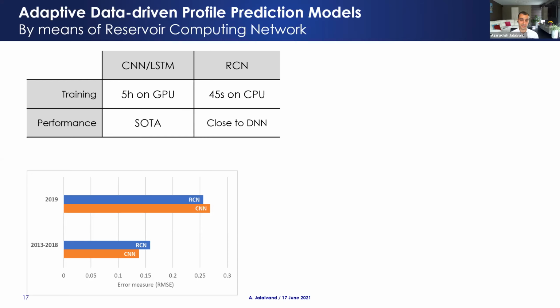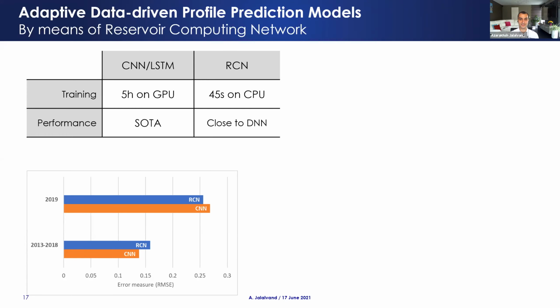Well, it is okay, but it's a bit disappointing, right? I'm talking for half an hour about how great reservoir computing is, and now we see that it performs similar to CNN. So what's the point of using that? There are actually 2 points here. First of all, as I said, it took only 45 seconds on CPU compared to 5 hours training on GPU.